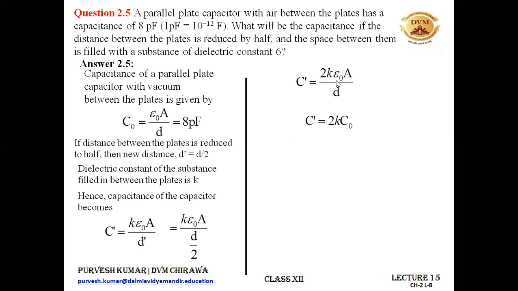Now I know the value of C naught, that is 8 picofarad. I know the value of K, that is 6. It is given in the question. You can easily find the value of C dash, that is 2 multiplied by 6 multiplied by 8, and it comes out to be C dash equal to 96 picofarad. So the new capacitance becomes 96 picofarad.